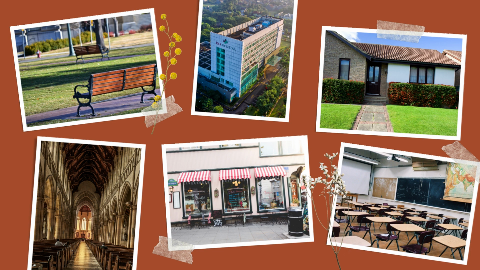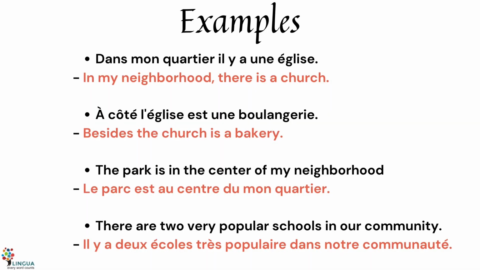We have a bakery shop, and we have a classroom. So keep this in mind, and think about what do I have in my neighborhood? Try to look out for the translation of them into French. So let's make simple examples. I'll read through and you can read after me.